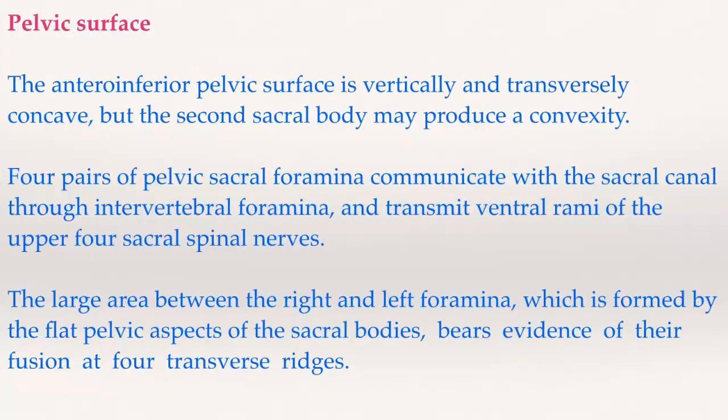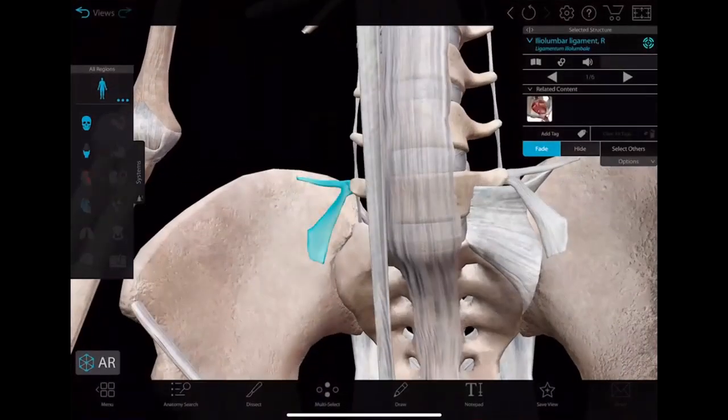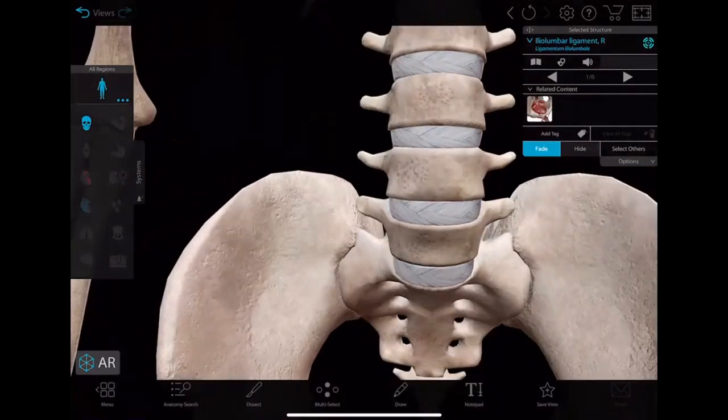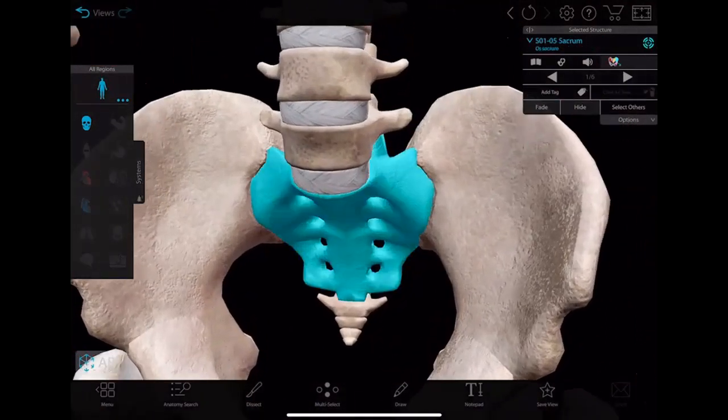Coming to the pelvic surface, that is the anterior or ventral surface, it is vertically and transversely concave, but the second sacral body may produce a convexity, right? So this is the pelvic surface which is concave.